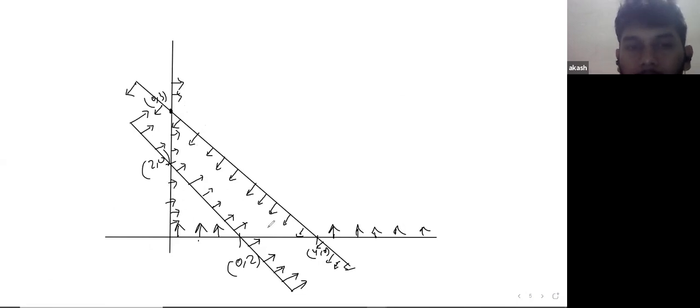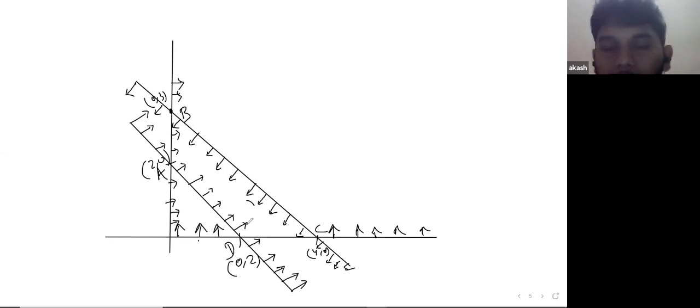All right. So the common area coming is this one, where we name it A, B, C, and D. ABCD quadrilateral is the area which is our solution, right?